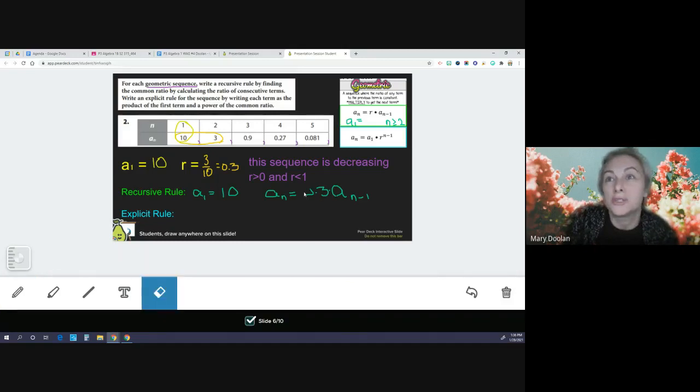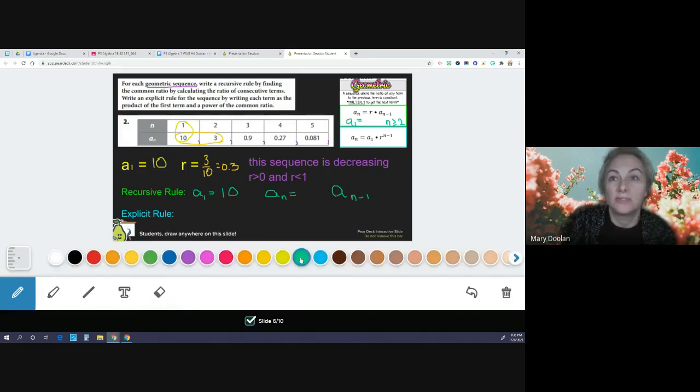Maybe I'll change this to the fraction so it'll look a little more different. So I'm just going to change it to 3 over 10 times a sub n minus 1. And then I'm also going to add in at the end for n is greater than or equal to 2. All right, that's the recursive rule.